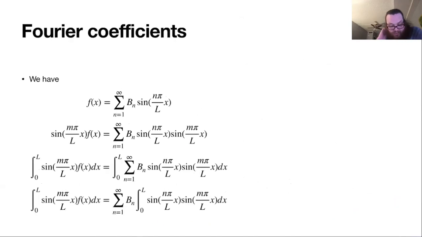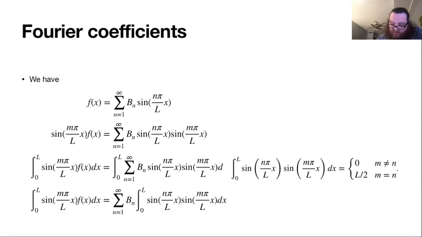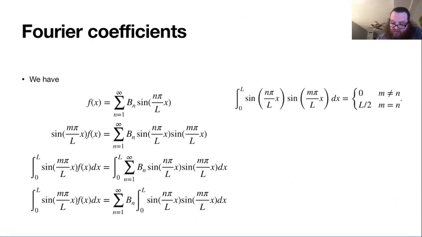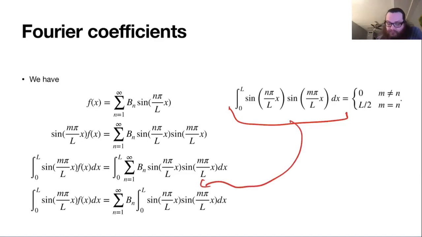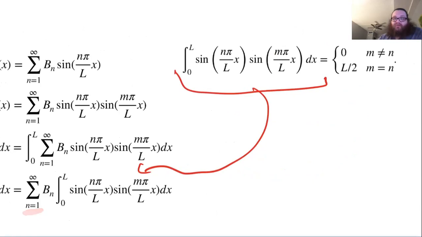So those are the operations. Keep in mind that this integral right here is exactly the identity we had right here. So actually what I can do is copy this, paste it here, and take this identity and see what it looks like here. In here, we're summing from n equals 1 up to infinity.